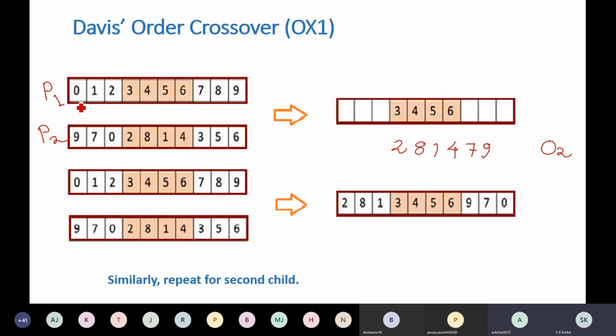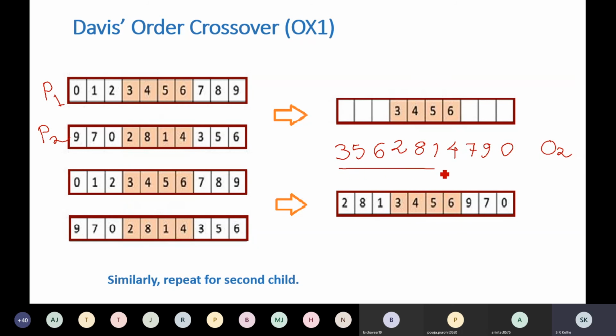Then 0, wrap around the list. 0, unused, copy. 1, used, don't copy. 2, used, do not copy. 3, unused, copy. 4, used, don't copy. 5, used. 6, unused, copy.